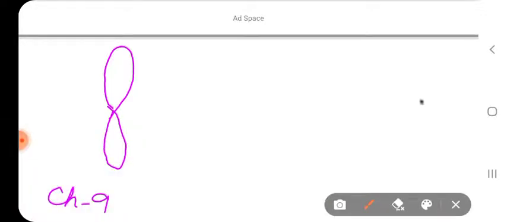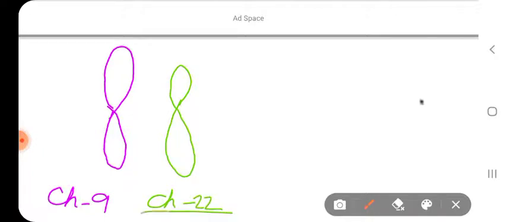I am showing you in green. Oh, I am sorry. Chromosome number 22 is acrocentric, right? Because I have said.